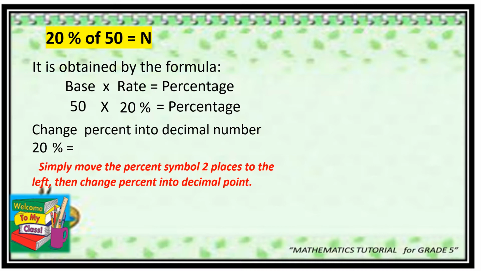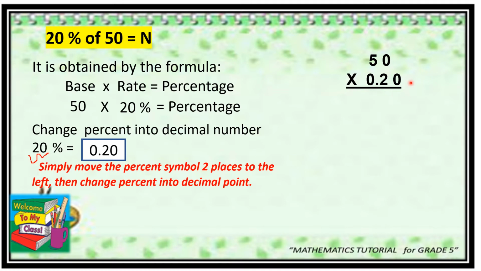So let us count 1, 2. So 2 decimal places going to the left, then change percent symbol into decimal point. So 20% is equal to 0.20. Ngayon, pwede na kayong mag-multiply kapag ito ay naging decimal number na. So, 50 times 0.20.